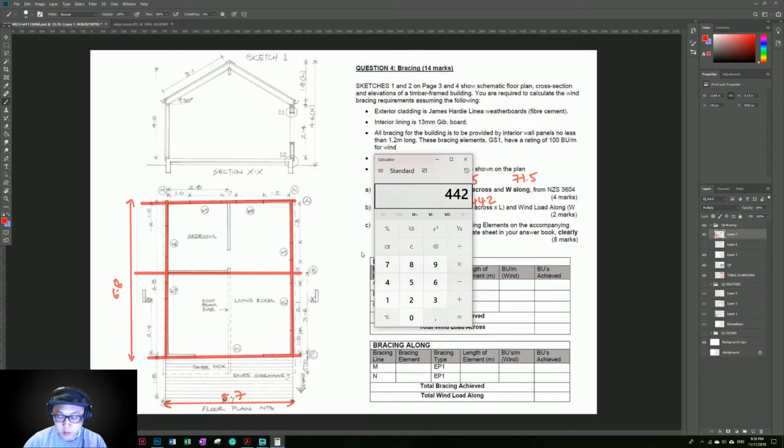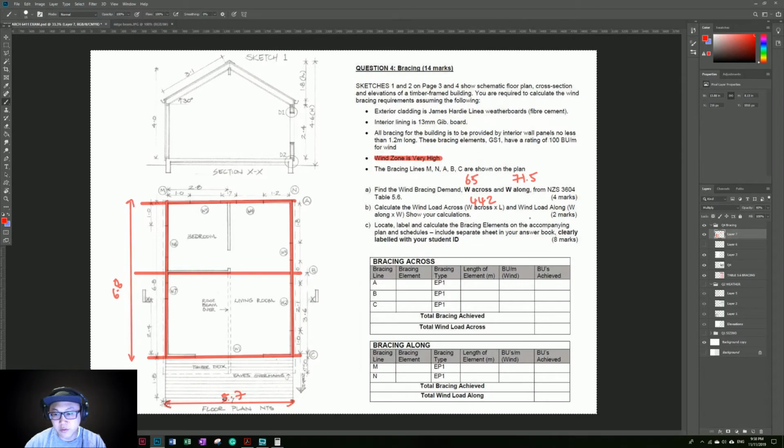And the other one is going to be 71.5 by 5.7, which is 407.55. Okay, so now we got question B, and now we need to label it. So the wind load across is this one, so we can just write it down here, and this one here.